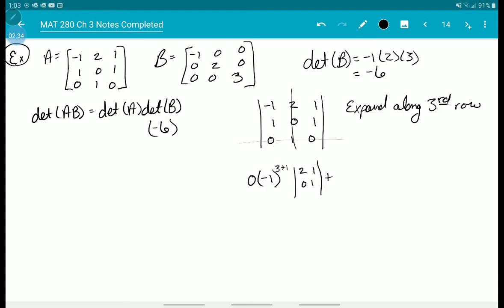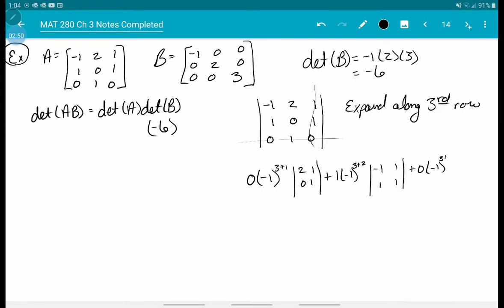And then we would have that 1 times negative 1 to the 3 plus 2. And then plus 0 times negative 1 to the 3 plus 3 times this matrix determinant. So 0 times anything is 0. We could have left out writing those zeros. I just wanted to show you where that was coming from.